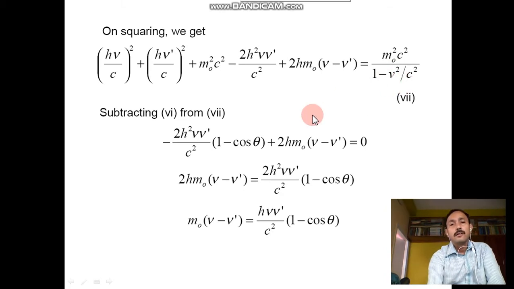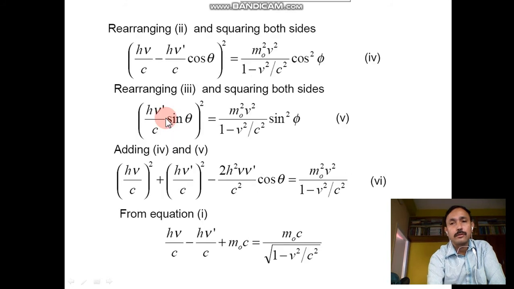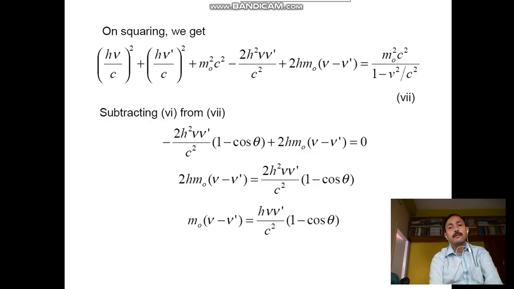Subtracting this equation from equation number 6, this is equation number 6, we will get (h nu by c) whole square and (h nu dash by c) whole square, all these things will cancel out.